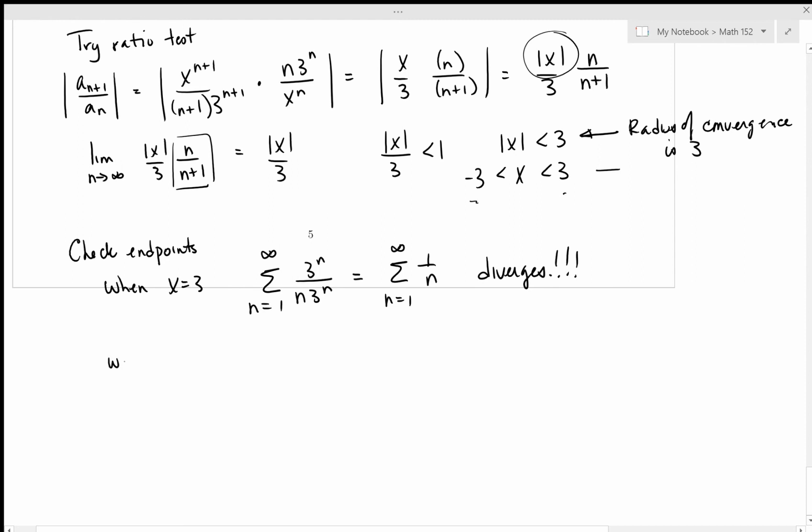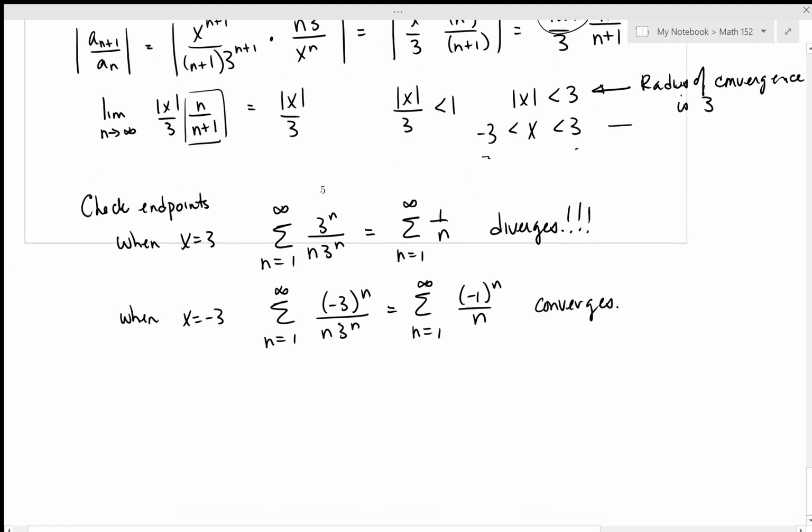Okay, let's check the other endpoint, minus 3. Then this will become the sum from n equals 1 to infinity of minus 3 to the n over n times 3 to the n, and that will simplify to this. That's the alternating harmonic series, and as we know, that converges.